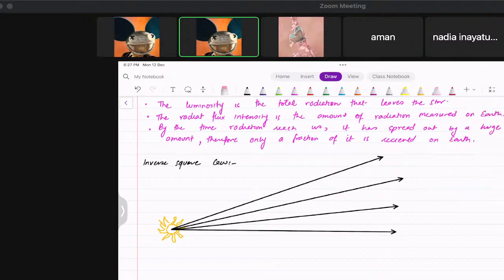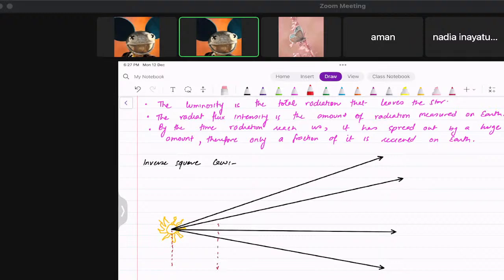So if you go a distance r, it means that the light has been through this much space. Do you guys understand this?